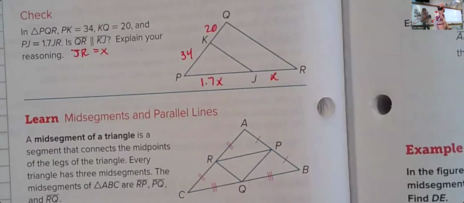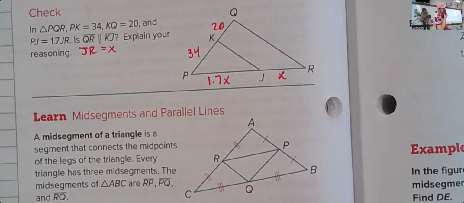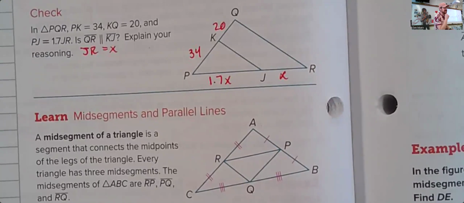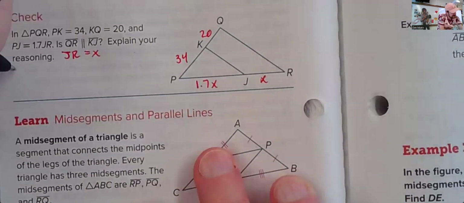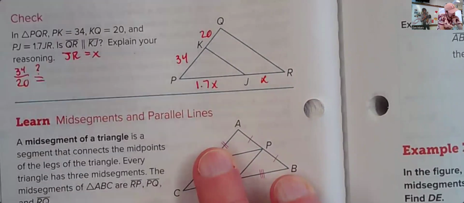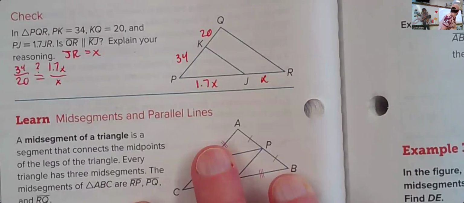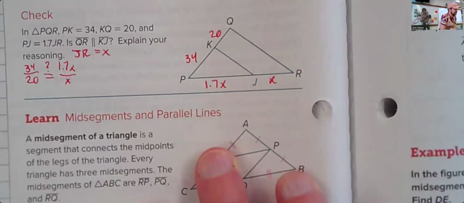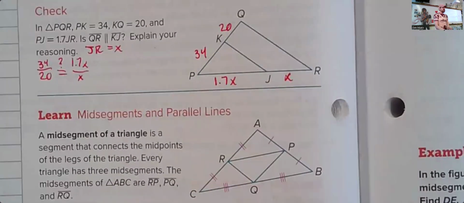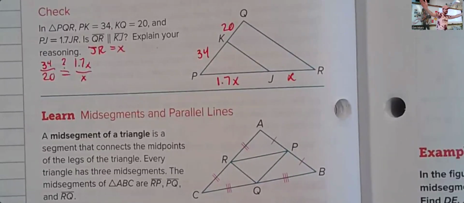We just learned from the previous problem that we don't actually have to set up a proportion and cross multiply to solve. We can just ask the question: does 34 over 20 equal 1.7x over x? If we reduce the left side and the right side, do we get the same number?